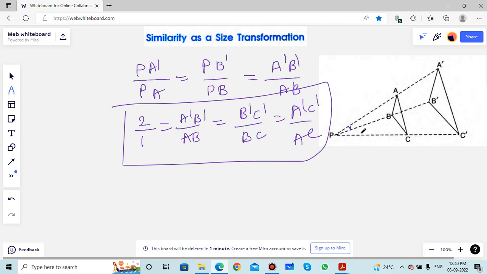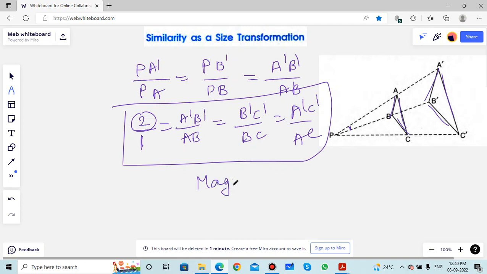Does it not mean that the ratio of the sides of triangle A dash B dash C dash and the other triangle is 2 is to 1? So the length of this is 2 times, this one is 2 times, this one is 2 times. So can we say it has got amplified, or is magnified the right word?